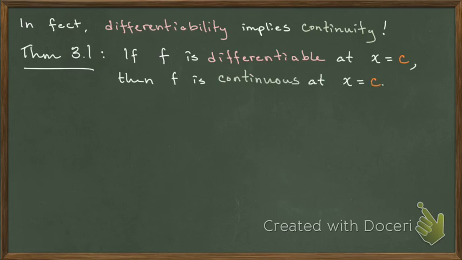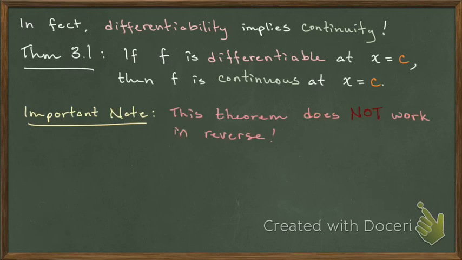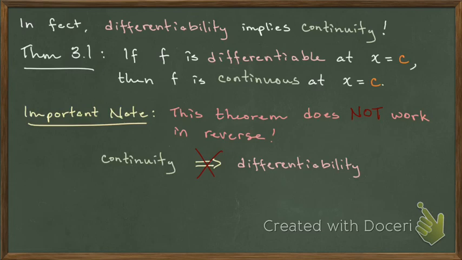So what we've got is that the limit exists, that difference quotient, the limit as x approaches c would exist, and we're also able to show that that's the same as the function value at that point. Okay? The important thing to note here is that this theorem does not work in reverse. I can't go the other way with this. Continuity does not necessarily imply differentiability, okay?